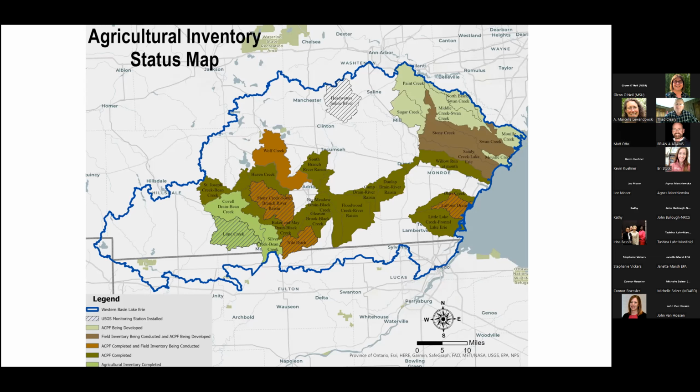And actually the Lenawee Conservation District just received a 319 grant that just started this past week. And they're going to be using this information to hopefully help them identify what fields, go out, start talking to those farmers and landowners about those practices and using the ACPF information for each of those individual fields when they're talking to those producers.